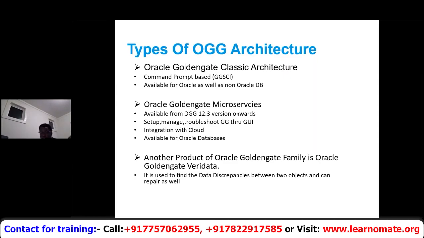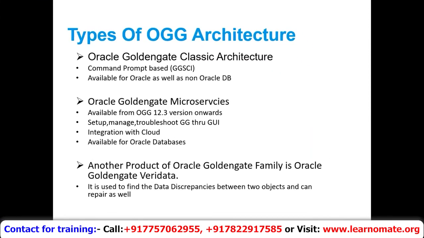In 2017, Oracle renamed that GGSCI way of configuration to classic architecture. Today, classic architecture is the GGSCI command-prompt-based architecture, available for both Oracle and non-Oracle databases, and it is still available.